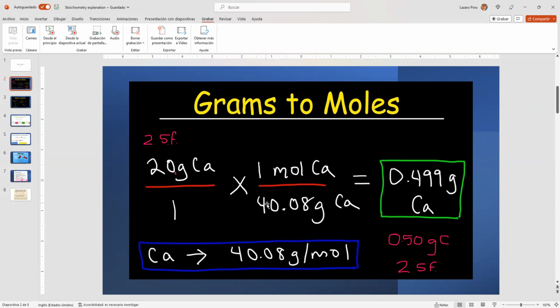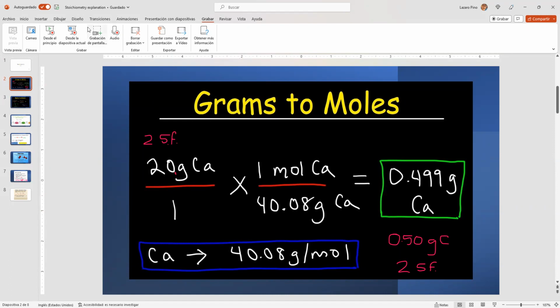Well, you know that 40.08 grams of calcium is 1 mole of calcium. Where does this number come from? Oh, you go to the periodic table, you find the element calcium, and you can see that the molar mass, or the atomic mass in this case, because it's an atom, is 40.08 grams, 1 mole.